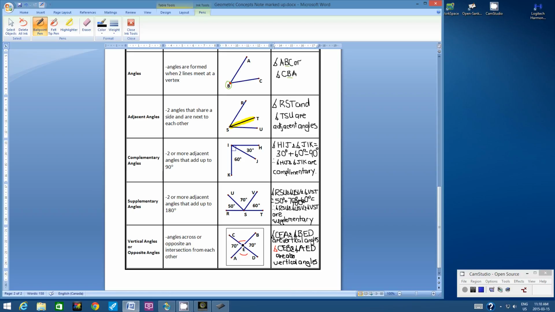Okay, so at an intersection, there's always going to be at least two pairs of vertical or opposite angles.